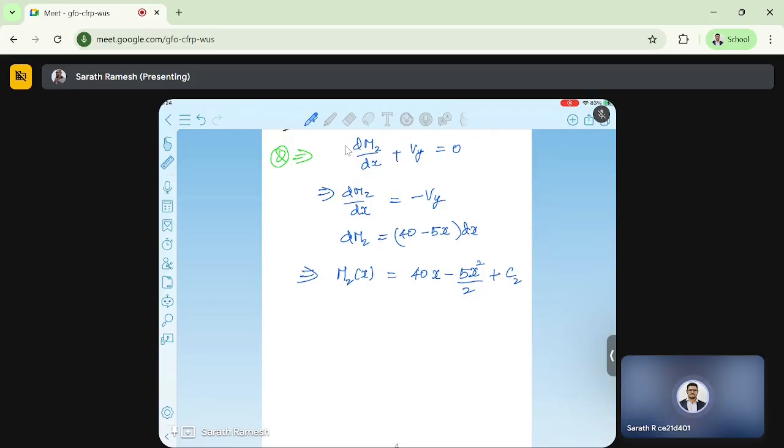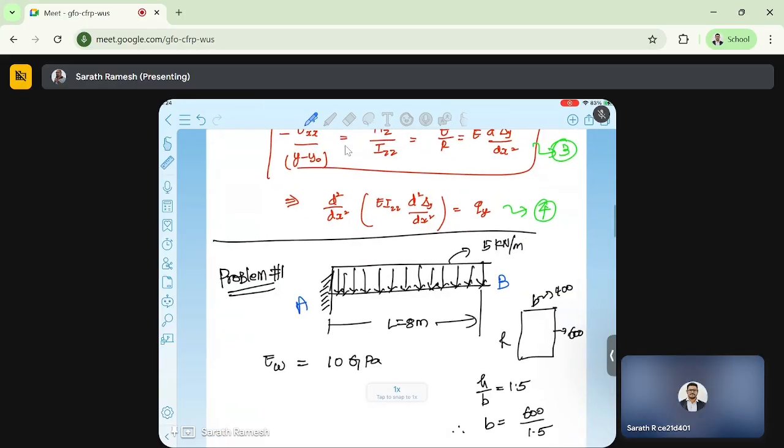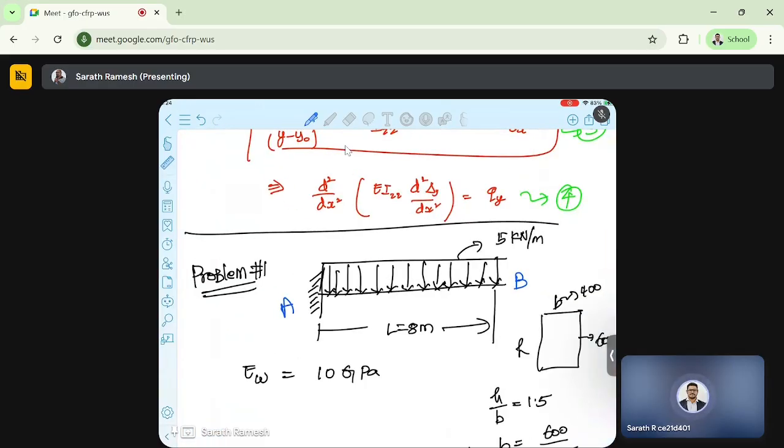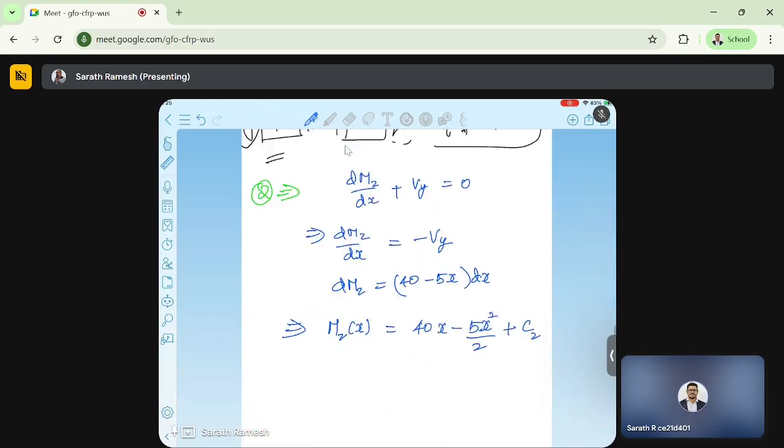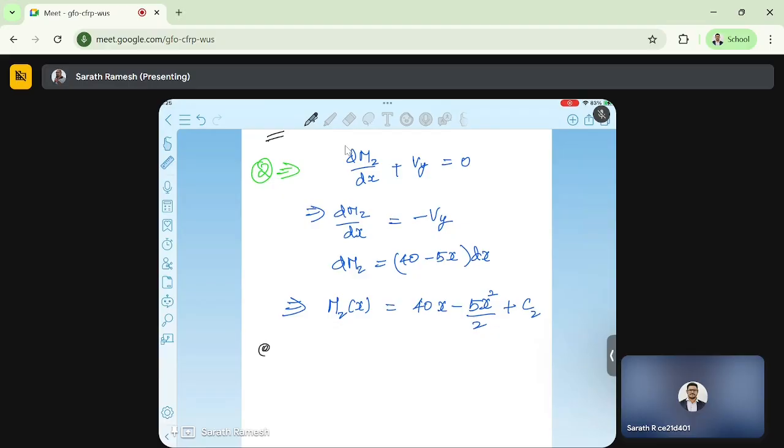Now again we need to substitute the boundary condition in order to find the unknown. Looking at this beam, at x equal to 8 meters, that is at the free end, my moment value is 0, right? So at x equal to 8, mz of x equals 0.